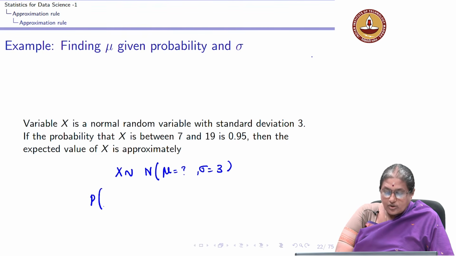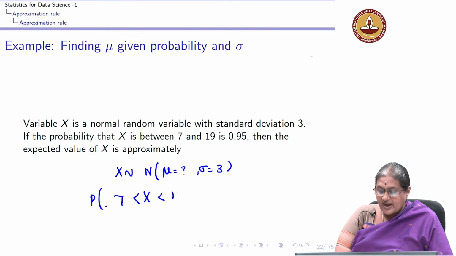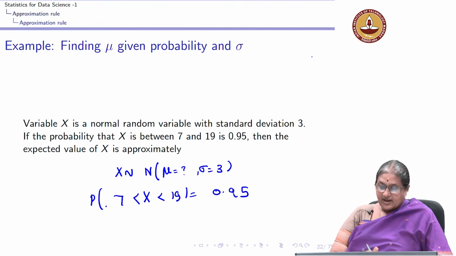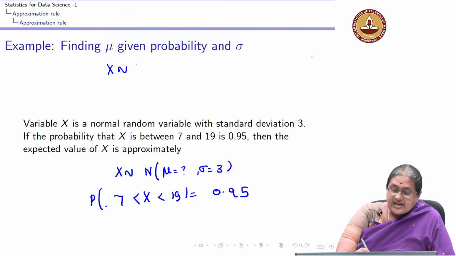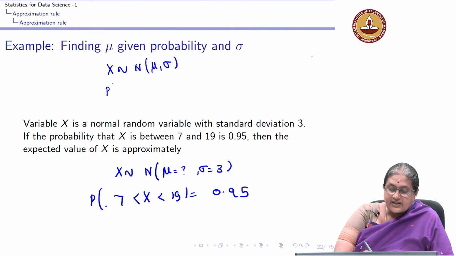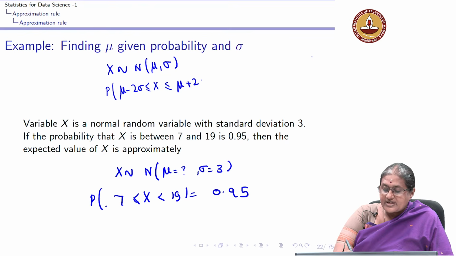I also know that the probability x is between 7 and 19 is 0.95. This is the information given to us. Now, if x is a normally distributed random variable with any mu and sigma, the approximation rule says that the chance that x lies between mu minus 2 sigma and mu plus 2 sigma is 0.95.